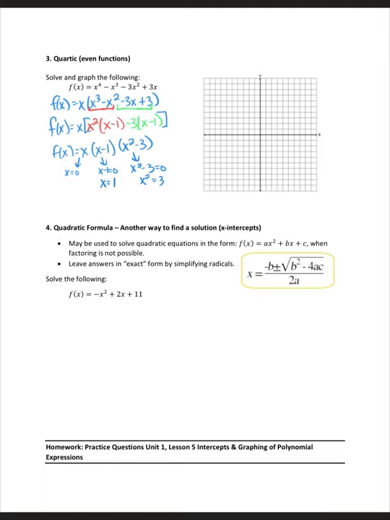So remember, when we have a term being squared, we square root to clear the power of 2. All right, so I'm just going to write another step of that.